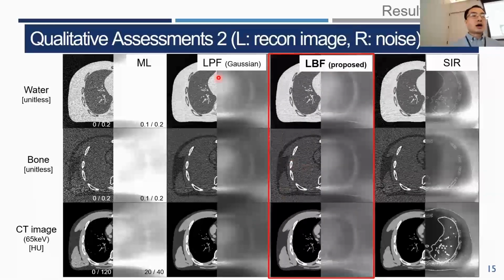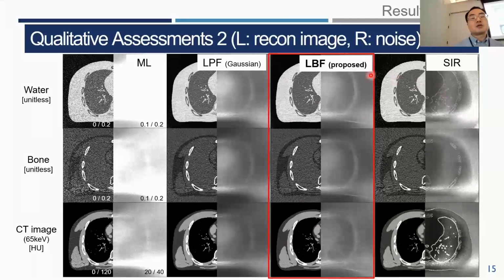And here I show the reconstruction results in the left half this time, and the right half is the pixel-wise standard deviation. This tells us ML definitely needs noise reduction, right? And all three methods substantially reduce the noise. Interestingly, SIR has a different noise level throughout the phantom. So you can see the very strong noise.